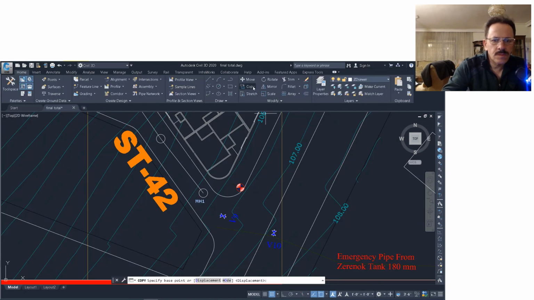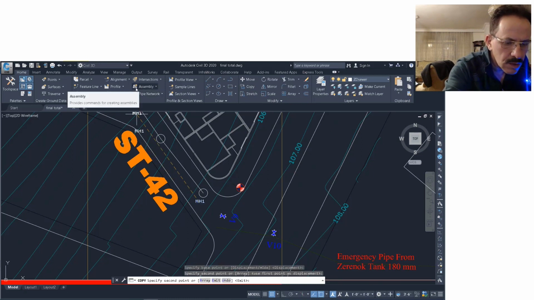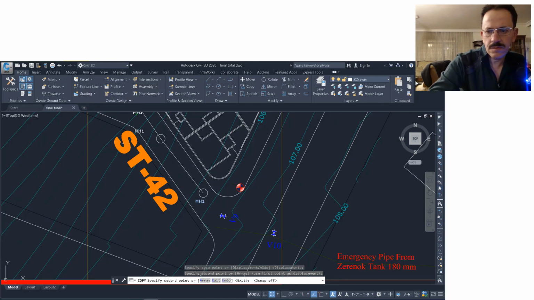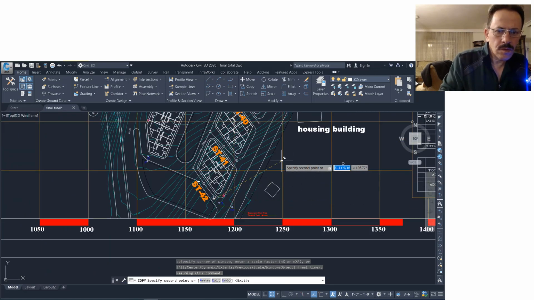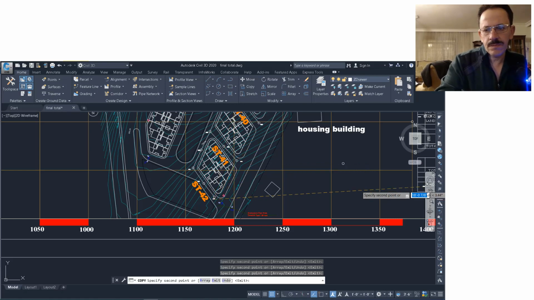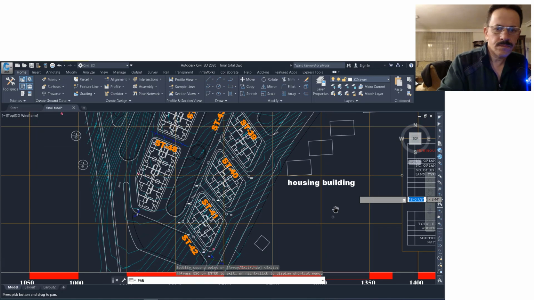Now what I'm going to do is make a copy, near this project. First of all, you have to put the numbers and then go and number them sequentially.